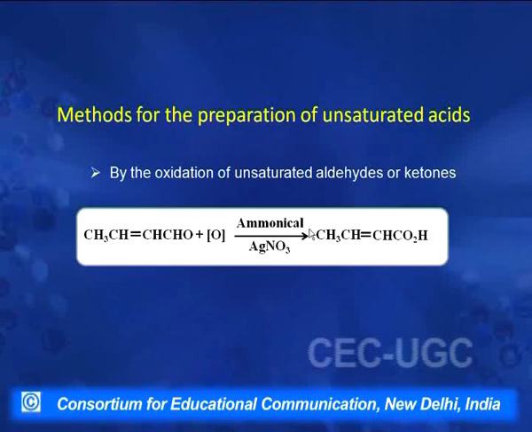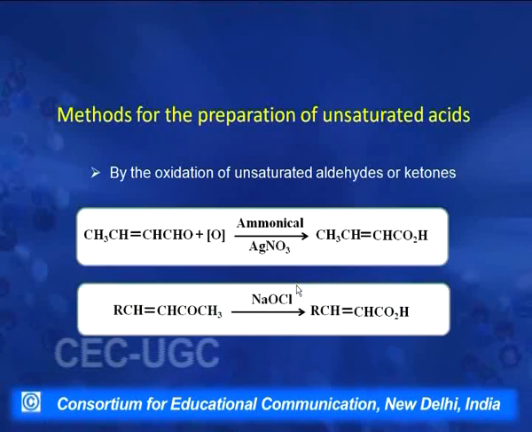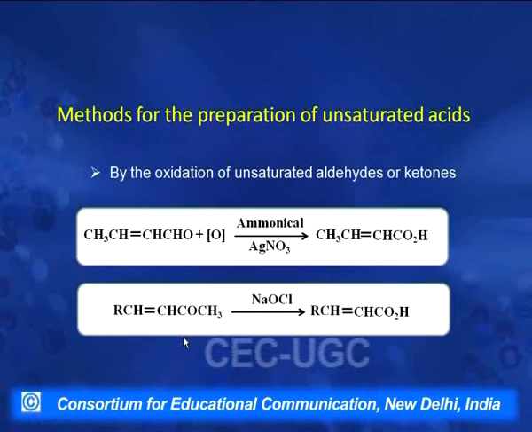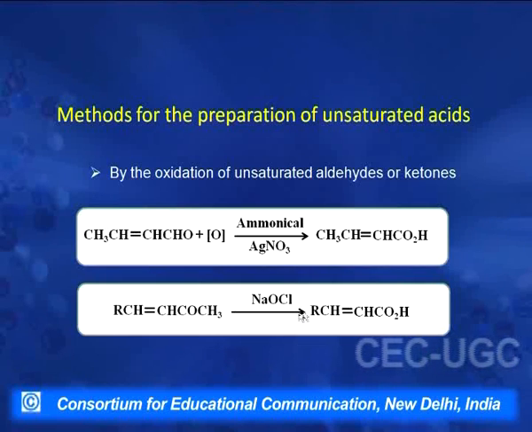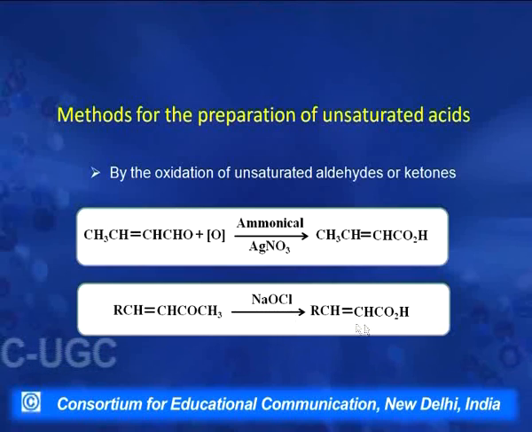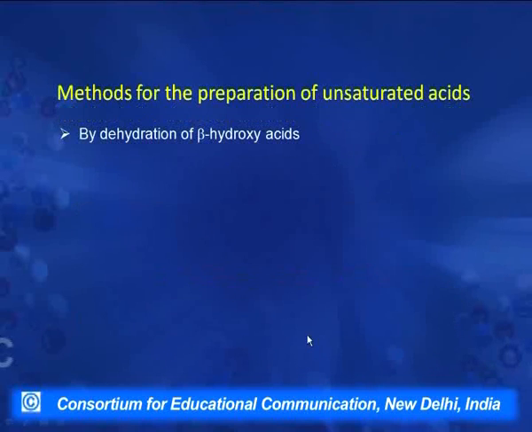So, we cannot use KMnO4 etc., because they will oxidize across the double bond also. We have to use mild oxidizing agents. Similarly, if we have an unsaturated ketone, this is a haloform reaction, treatment with NaOCl or NaOBr etc., and this part will be oxidized to carboxyl group, and here we will get the corresponding haloform.